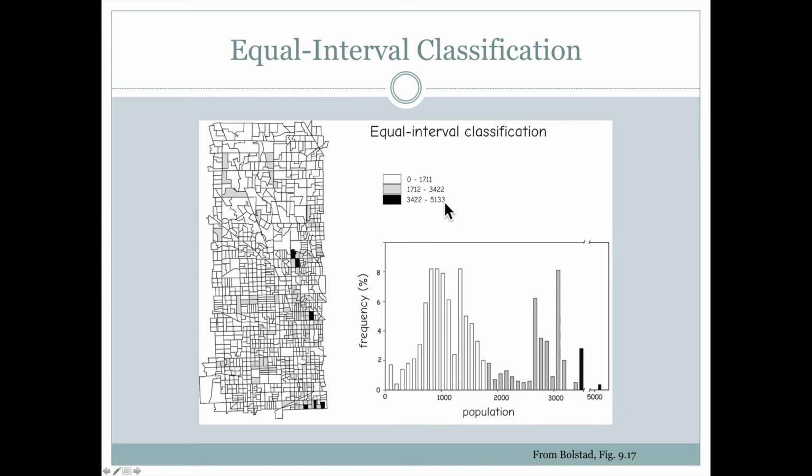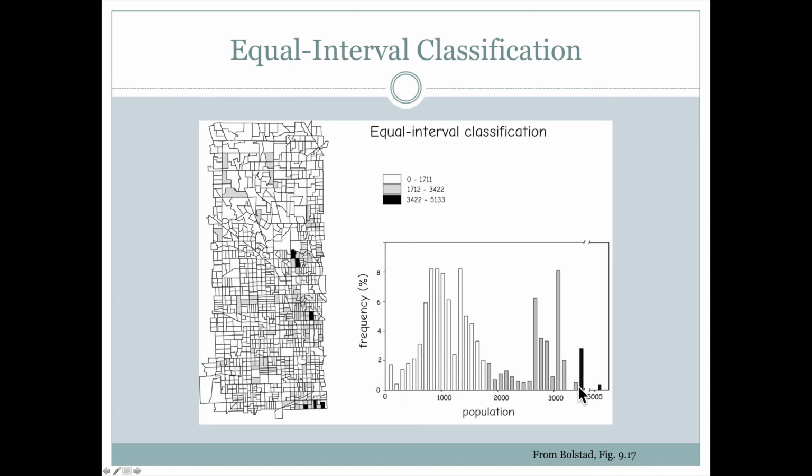So if the entire range is from 0 to 5,133, we just divide that 5,133 by the number 3, and we can see that each of those categories or equal steps here would be about 1,711 population units. So the first category goes from 0 to here, which would be 1/3 of our entire interval.